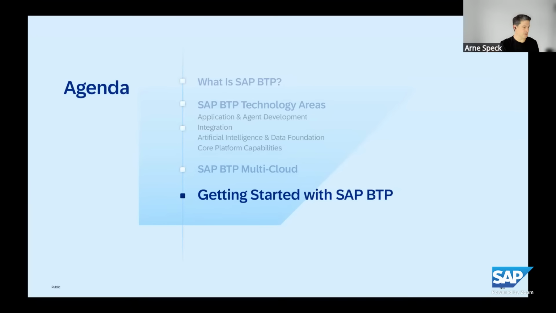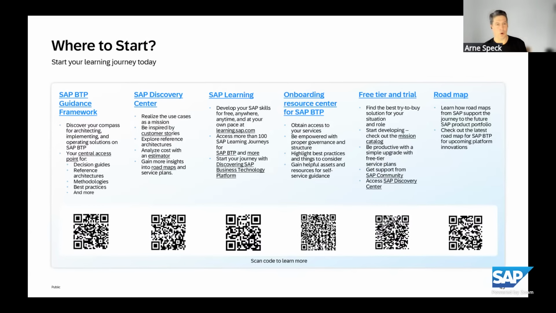And with that, just in time, hopefully, I wanted to end with one slide that puts together all the different, very interesting sources of information if you want to start your journey now with BTP: getting guidance in the guidance framework, getting information on services, AI capabilities, architecture, or reference architectures for certain scenarios in Discovery Center, and learning for BTP.